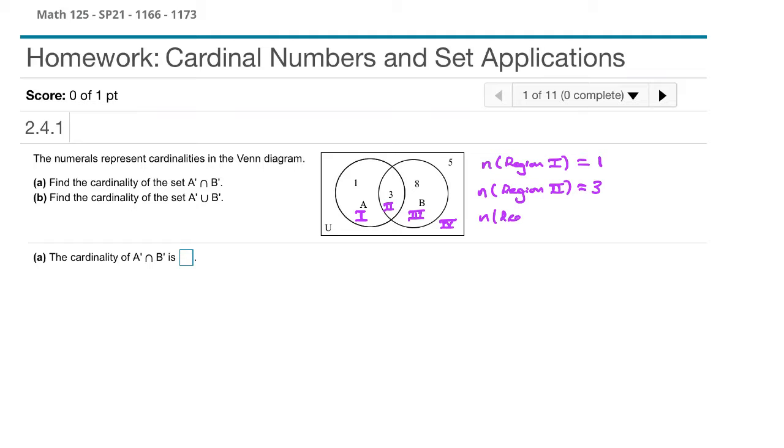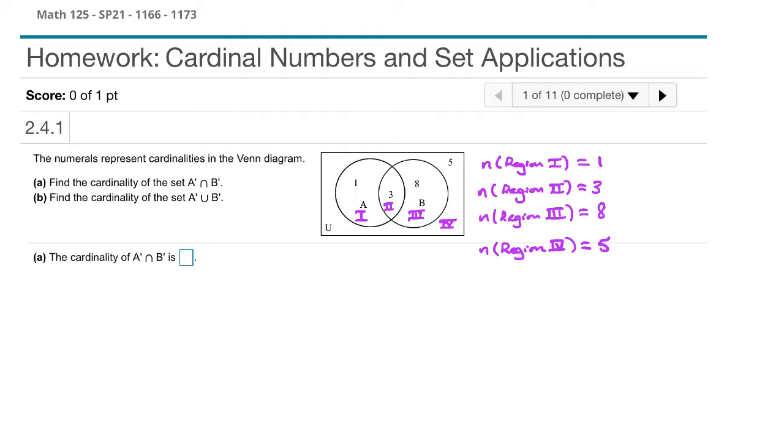The number of elements in region 3 is going to be the elements in B that are not in A. Well, that has 8 elements in it. And finally, the number of elements in region 4 is everything outside A and B, and we have 5 elements in that.